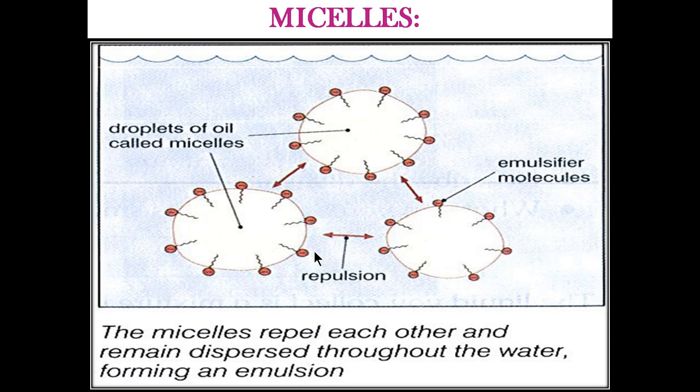Emulsifiers also improve the texture and appearance of the food, and that is the reason they are used in chocolate. We will see in detail the emulsifiers used in chocolate in the further lesson.